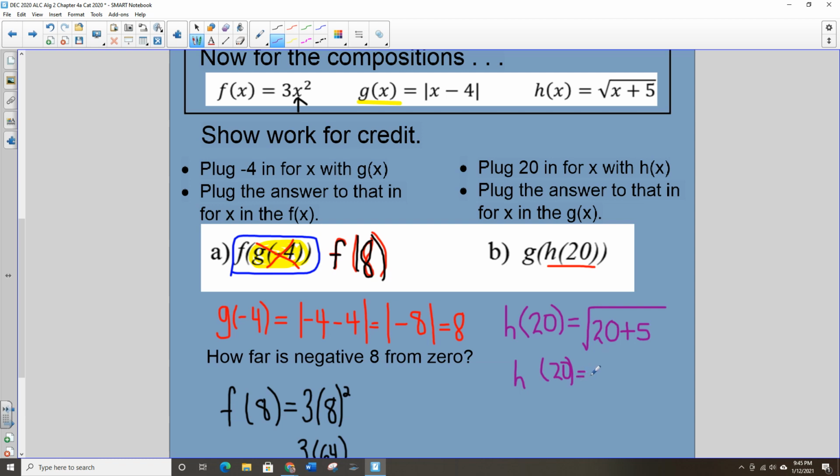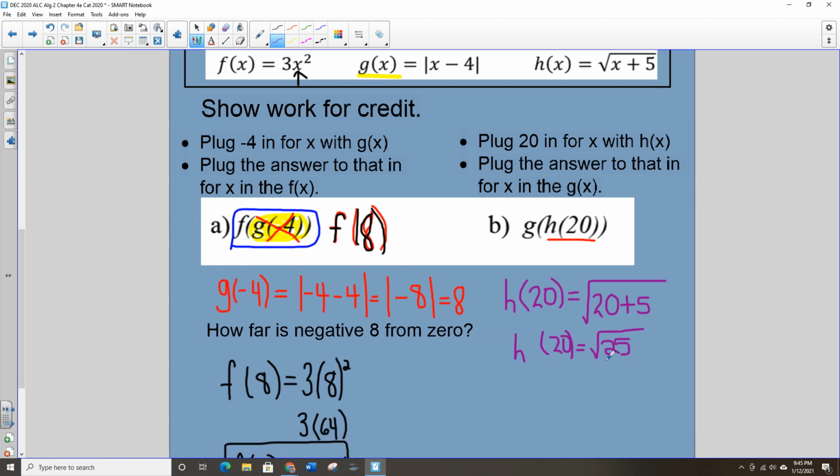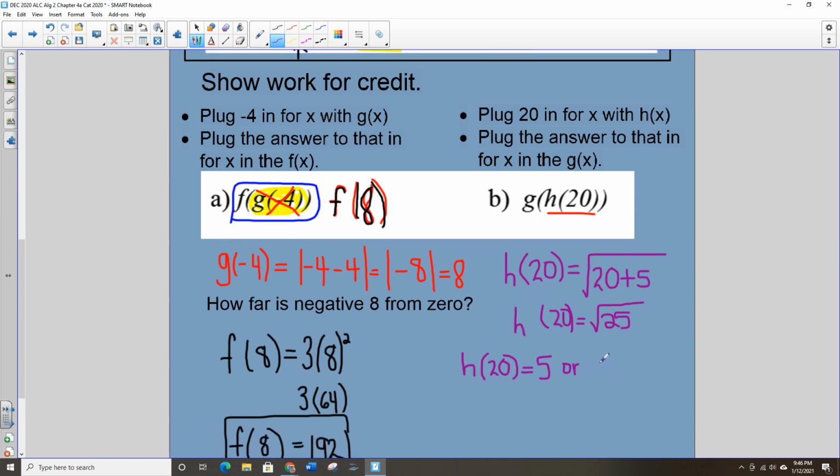Now, we want to know what's the square root of 25. Sometimes people accidentally square it, but we're looking for what number times itself equals 25. Hopefully you said that it equals 5, because 5 times 5 is 25. But there is a second answer. So you just have to be careful of that, because you guys are in the big leagues now. You're in Algebra 2. So what's the other square root of 25? The correct answer is negative 5. So you're going to plug that in.